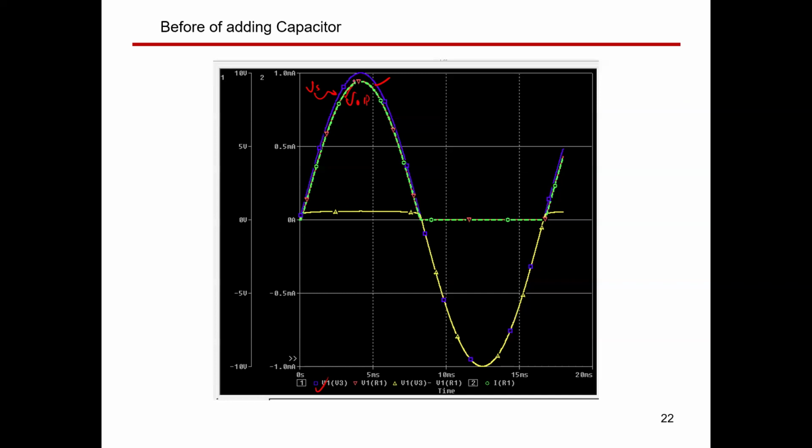But for sure here the peak values are different. This here represents, for instance, around 0.9 something milliampere, and the green one here will represent 10 minus the turn on volt of your diode.